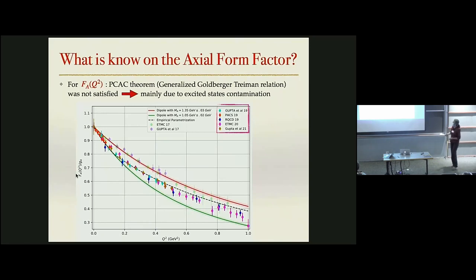And what happened, for instance, to the PNDME results and so forth, is that they now don't follow this red curve, but first follow the green curve at very low energy, and then converge towards the red curve. And what you can see is that all the recent lattice determinations agree with this behavior.